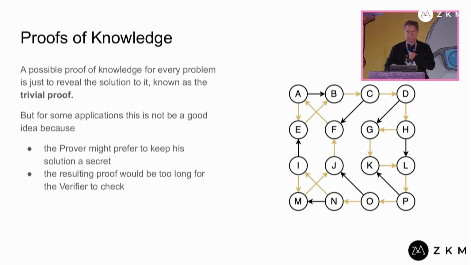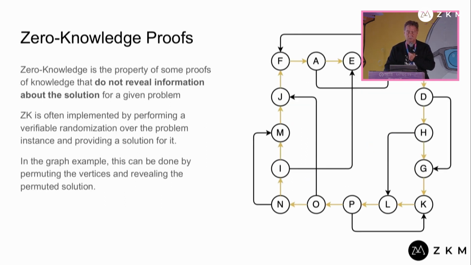So these are two different extensions of the proof of knowledge. The first one is called zero-knowledge proofs. A zero-knowledge proof is a proof that does not reveal information about the solution for a given problem.